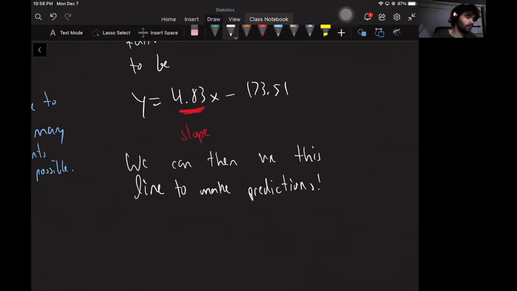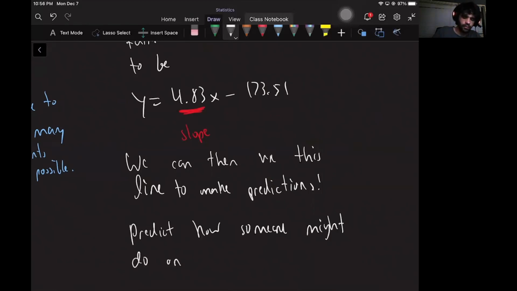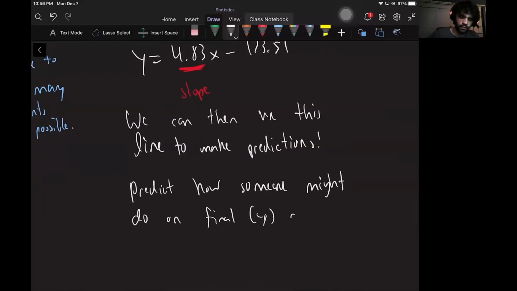Well, we can predict the y using the x is the idea. So we can predict how someone might do on the final. That's the y value, given a certain score on the first exam.